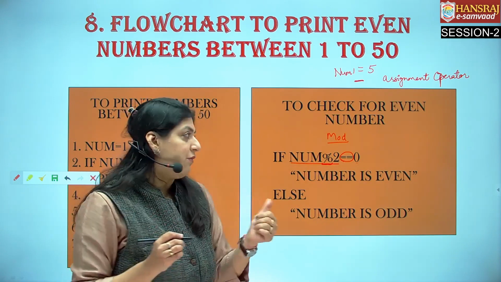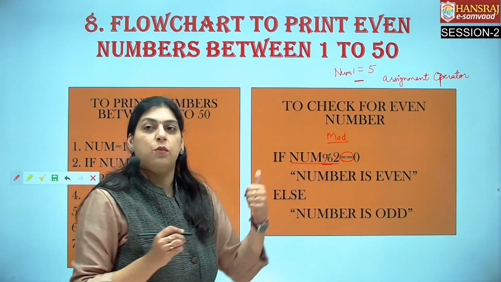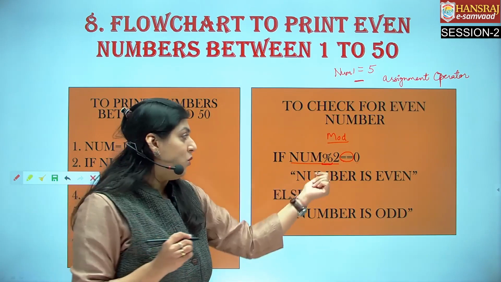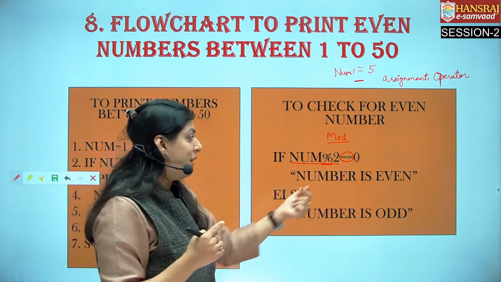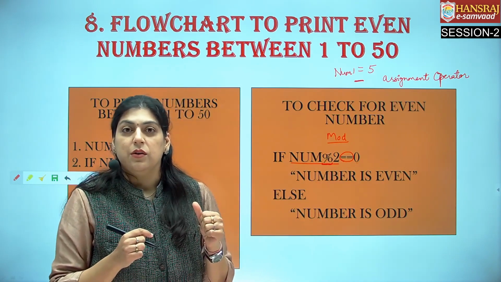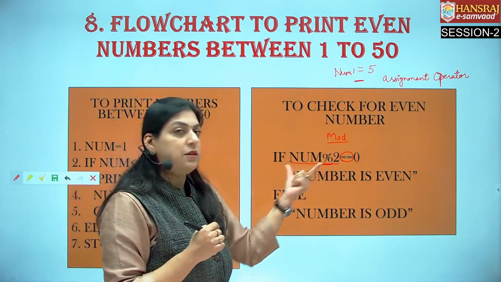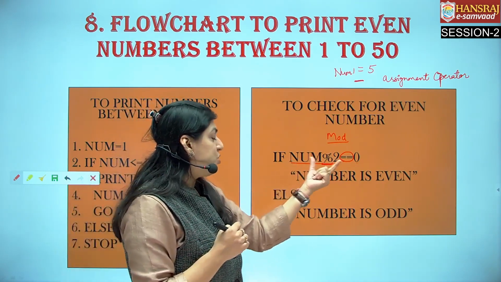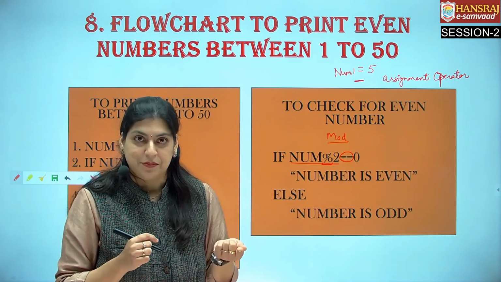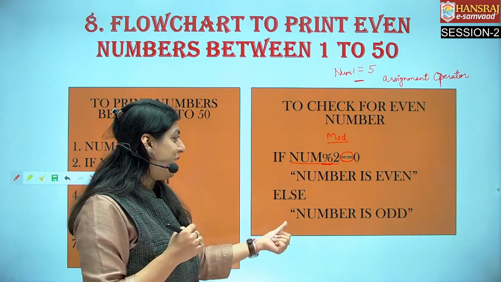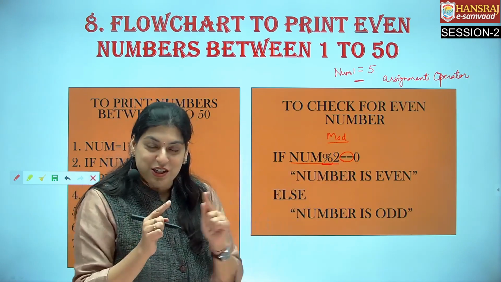Simple. So what have we seen? We have seen the use of the mod operator and the use of this double equal to. There is a difference between the assignment and this relational operator. This will give me the result in Boolean, whether this condition is equal to 0 or not. So be careful when you are using the condition.